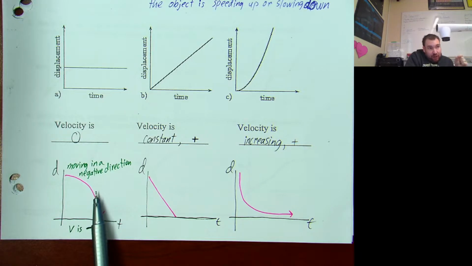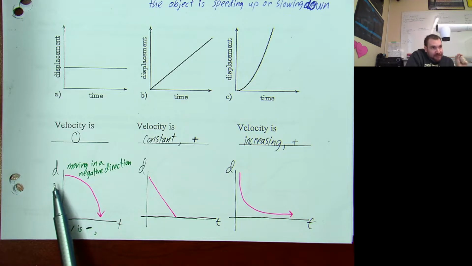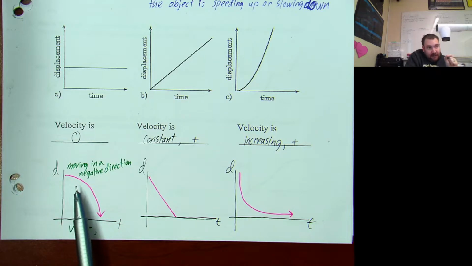So what's happening to the slope? The object, Manuel, is doing what you just suggested. But piece it together. As you travel this line, the line is getting steeper, which means the slope is getting larger, and so that value is going up, the absolute value is going up. It's getting more negative.